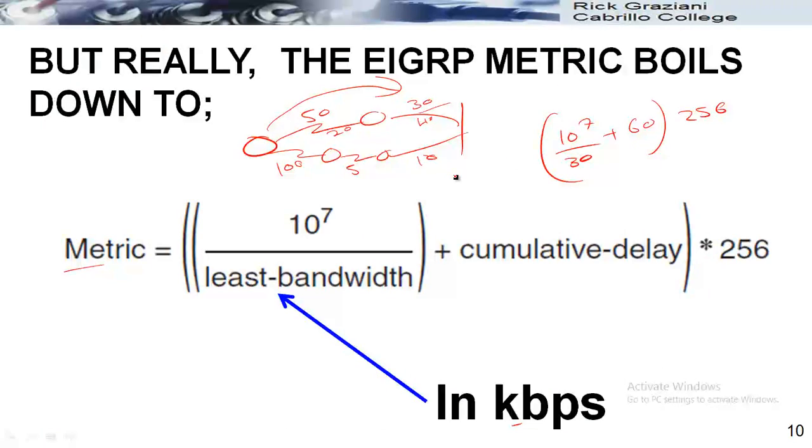Then it will compare that with the other link. You do 10 to the power 7 for this other link, divided by the least, which here is 5, and let's say this has a delay of 50 maybe, so you have plus 60 also. You multiply by 256.